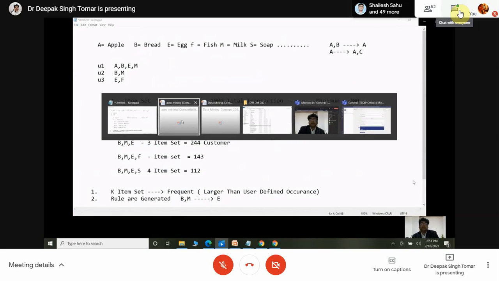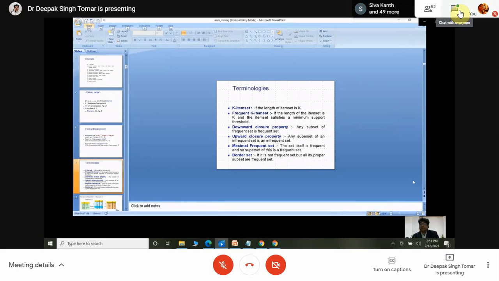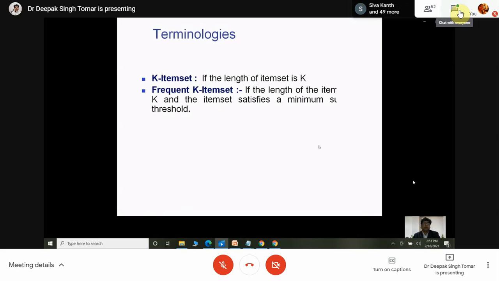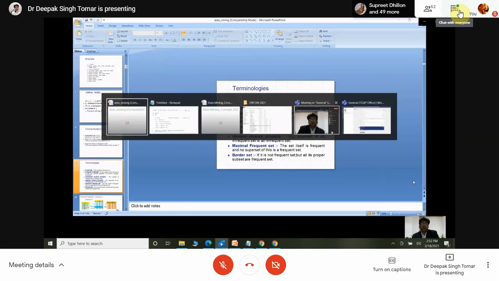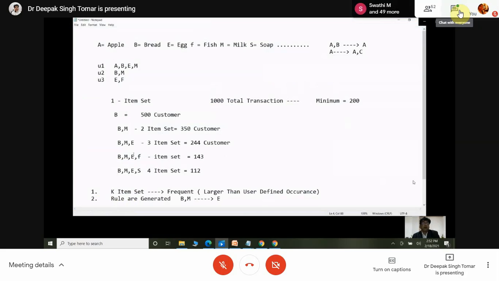Then we have the downward closure property: any subset of a frequent set is frequent. You will find this very interesting. This is the frequent set bread, milk and egg.